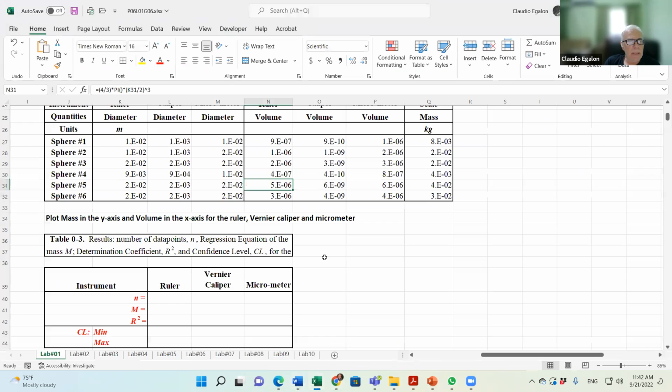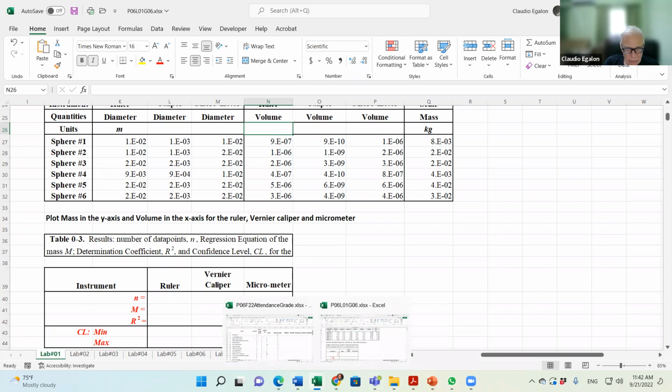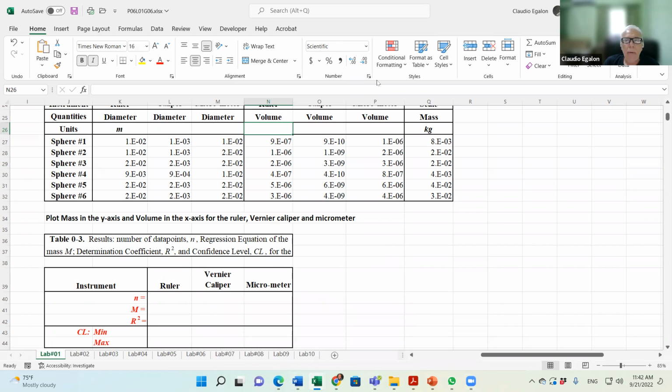When you cube the diameter, not only do you take the cube of the numeric value, but you also take the cube of the unit itself. If the unit here is meter, the unit for the volume is going to be what? Cubic meters. Okay? That's what we have for significant digits. Let's see here. Any questions?